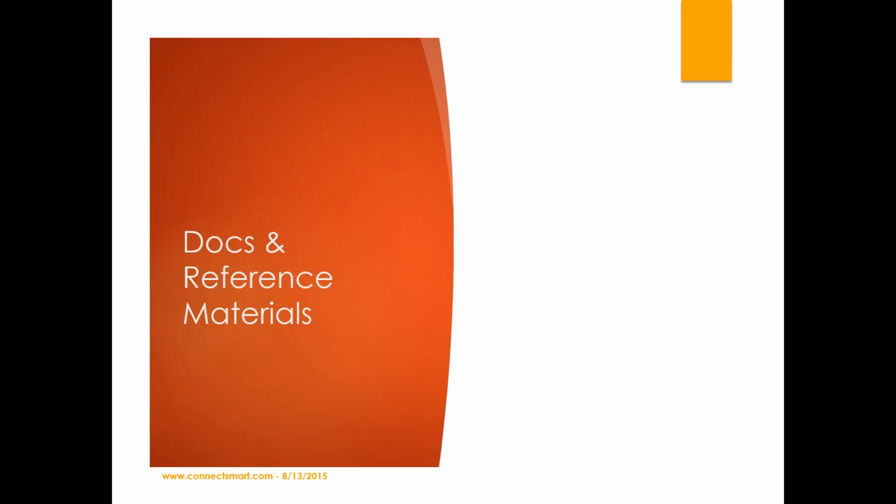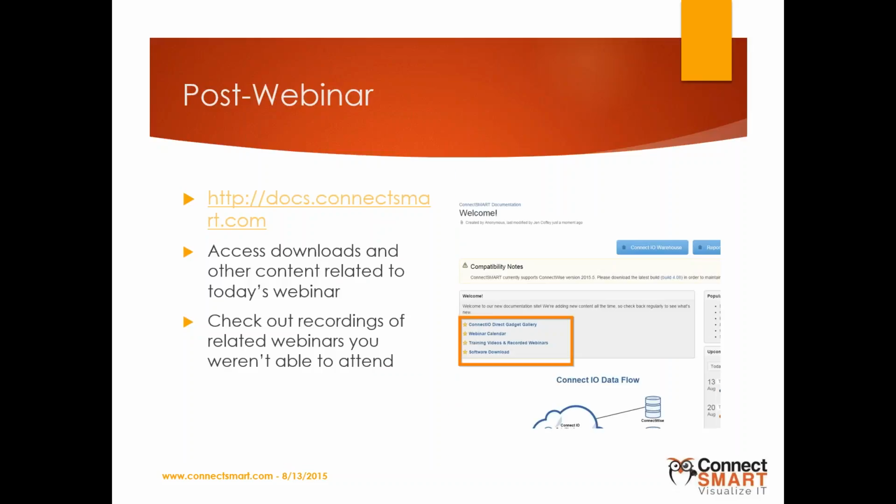Okay, so some of the materials that are available to you. At our docs site, which is at docs.connectsmart.com, you can access downloads and any other content related to today's webinar. You can check out recordings of related webinars that you weren't able to attend, or if you drop off this one, you can always come back and watch the recording. There will be links to the files that we use or discuss today, this slideshow, and any links to related content, whether it's on our site or external, whether it's something that explains a definition that ConnectWise uses, or a white paper that explains a concept a little better.